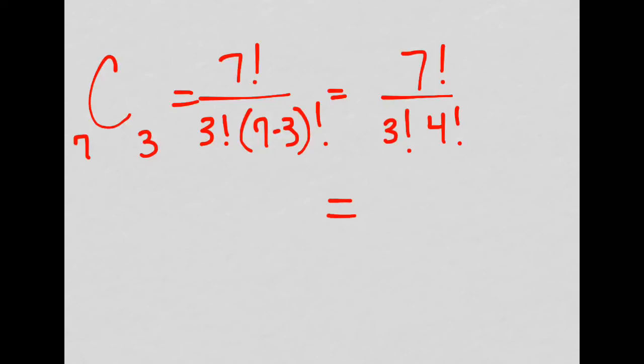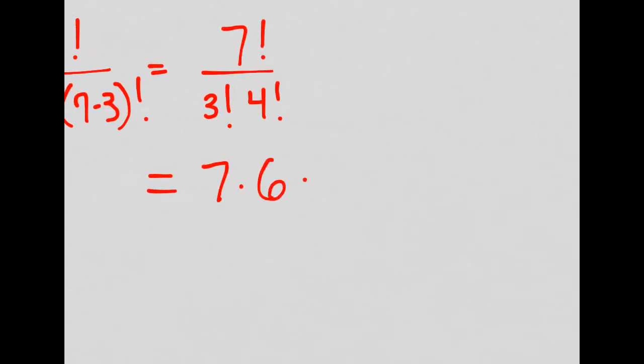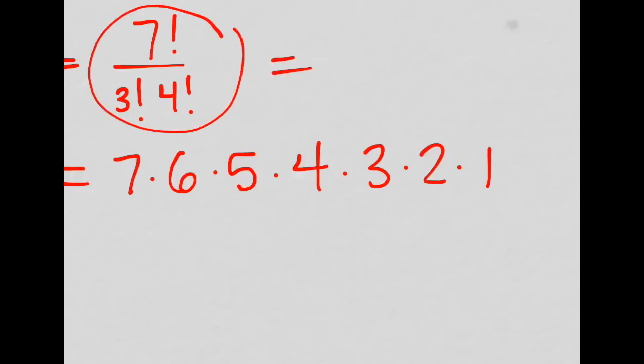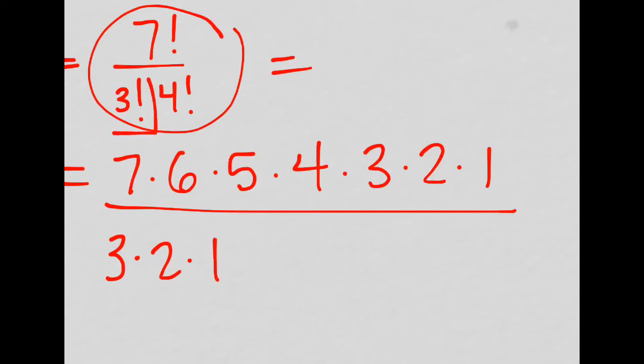That means I'm going to have on the top 7 times 6 times 5 times 4 times 3 times 2 times 1. Now, could you plug this whole thing into your calculator and hit enter? Yes. Now, is that more work than you need to? Yeah, because some of this is going to cancel. All right? So now down at the bottom, I'm going to say that I have 3 times 2 times 1. That was this part right here.